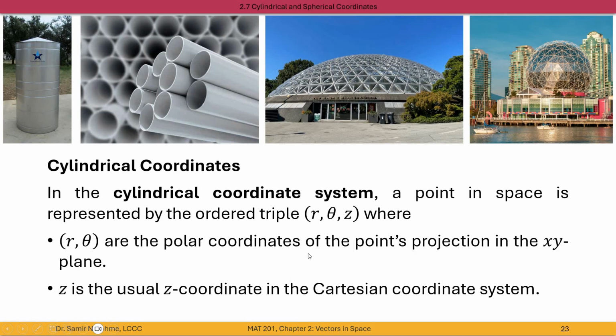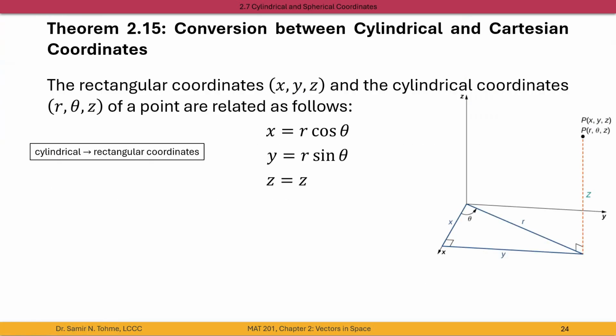For the cylindrical coordinate system, we will define an ordered triple r, theta, and z. R and theta are the same polar coordinates we already defined in other courses in mathematics. We will add a third one, which is the z coordinate, the one that is used in the Cartesian coordinate system.